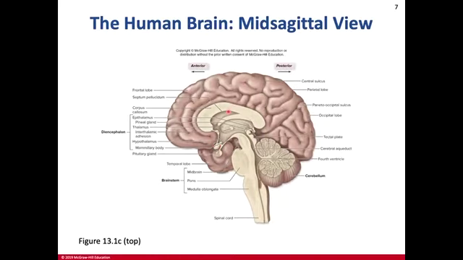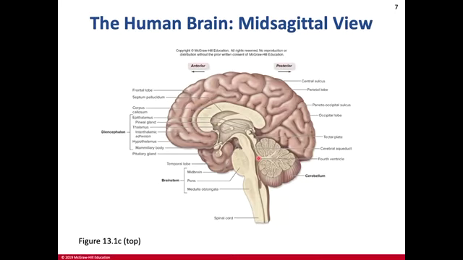And then behind this membrane, the septum pellucidum, is a hollow space called the lateral ventricle. There is a third ventricle here between the two thalami, and a fourth ventricle here between the cerebellum and the pons.